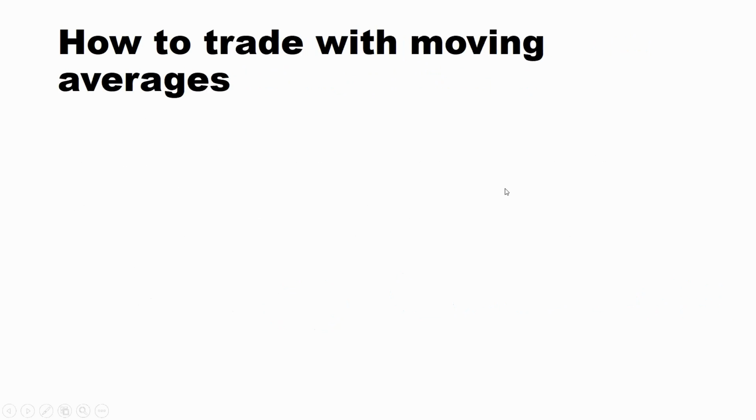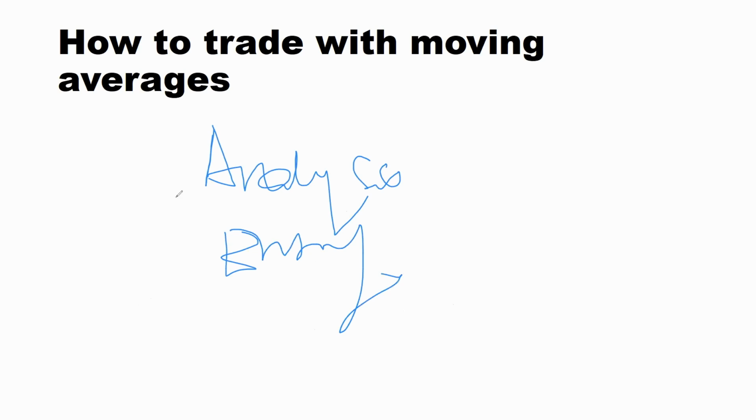Now, let's go to how do we trade with moving averages. Now, I briefly hinted on this. And I said that you have 3 time frames, but we're going to focus so much on 2, the analysis time frame and the entry time frame. This is 1, this is 2. Now, what are we doing here?